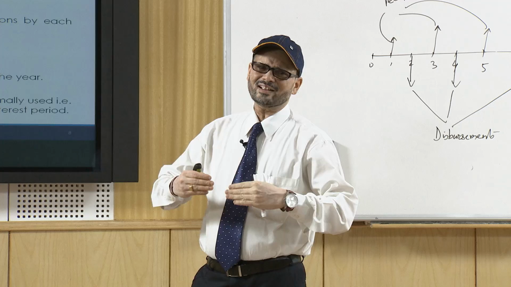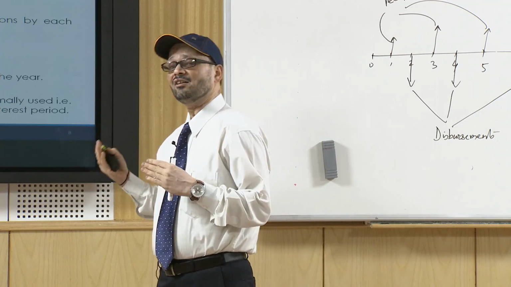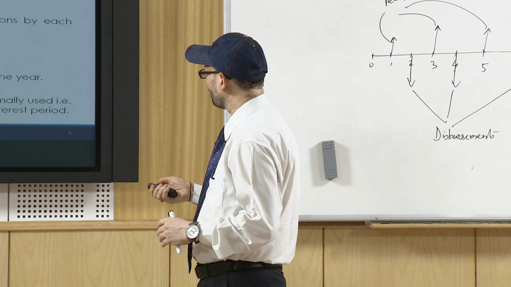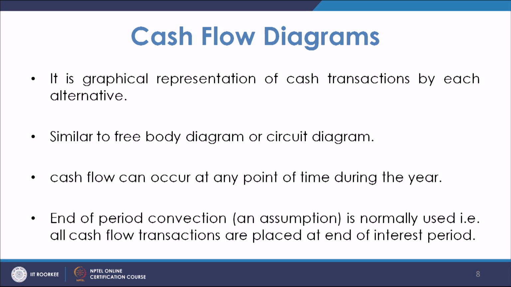To avoid any complexity, it is assumed that the payment is made at the end of the year, and that is why this end of year convention is normally used. All cash flow transactions are placed at the end of the interest period. This is the convention.